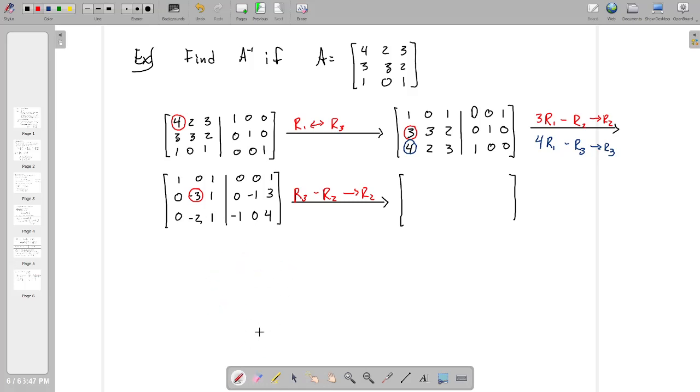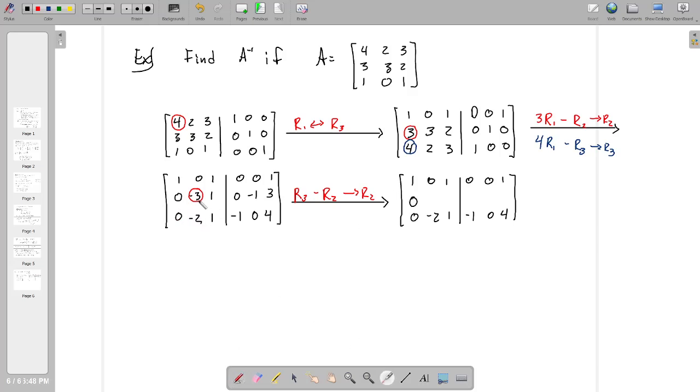All right. Row 1 and row 3 are not changing. 1, 0, 1, 0, 0, 1. 0, negative 2, 1, negative 1, 0, 4. Row 3 minus row 2. 0 minus 0 is 0.